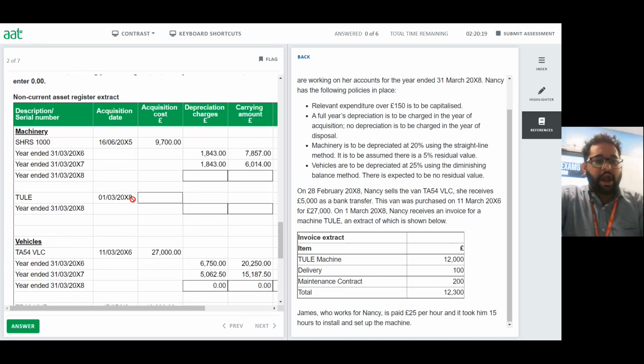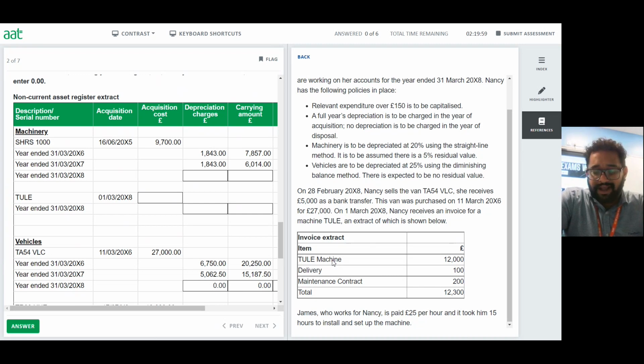In this machinery, we have to put down the cost of it. Remember, the cost is going to be only the net amount, not the VAT, so we don't have to worry about that now. What is the cost I can capitalize? There is a rule.